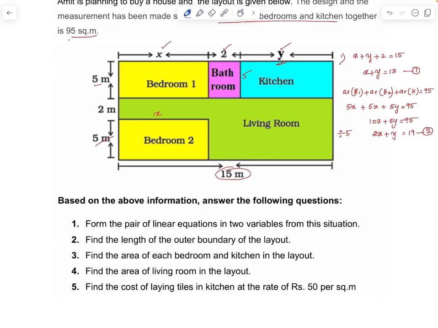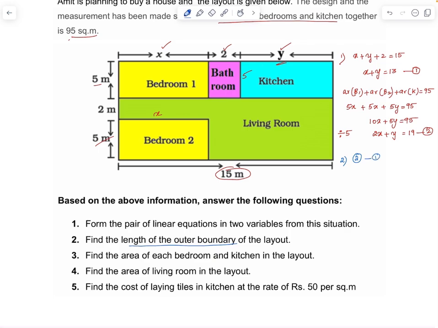Question 2. Find the length of the outer boundary of the layout. So this means that we have to get the perimeter of this layout. To get the perimeter, we have to know the value for x and y. To get that, we have to solve equation 1 and 2 simultaneously. I go in for elimination method.